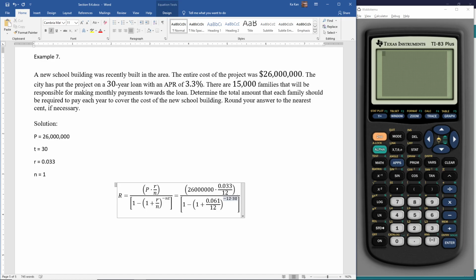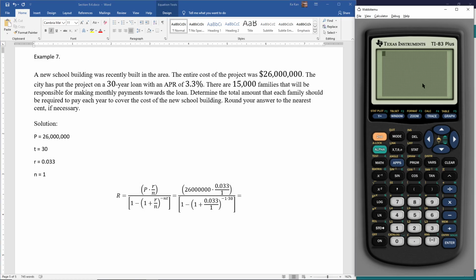So let's put this in the calculator. Again, numerator first, then denominator. The top is not too bad: 26 million times 0.033.